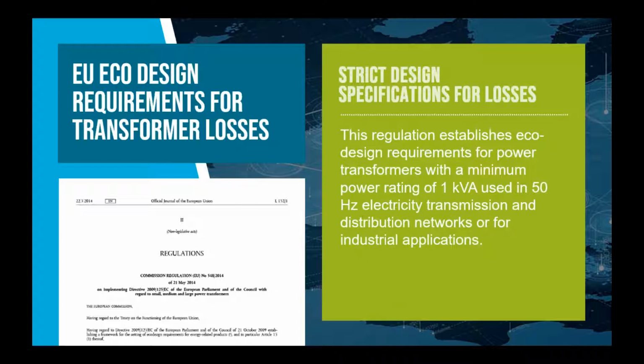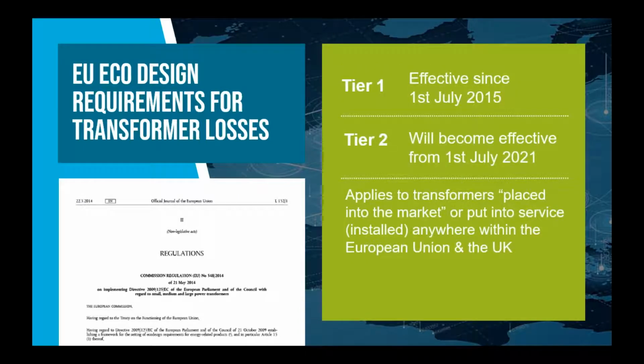And transformers that are used in 50 Hertz electricity transmission and distribution networks for industrial applications. The regulation is divided into two phases or tiers. Tier 1 has been effective since July 2015, and Tier 2 will become effective from the 1st of July, 2021, this year.